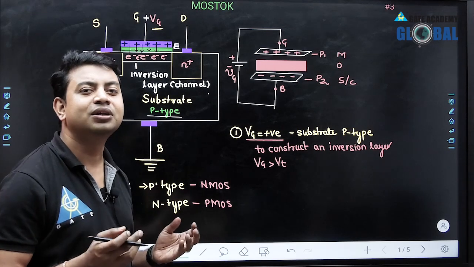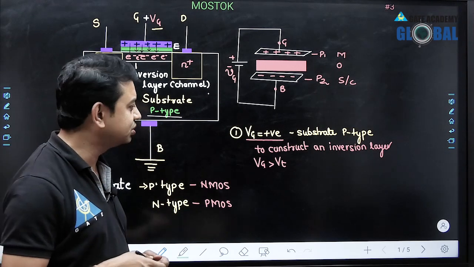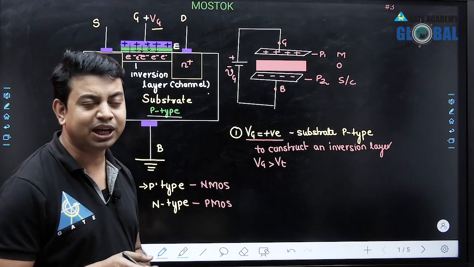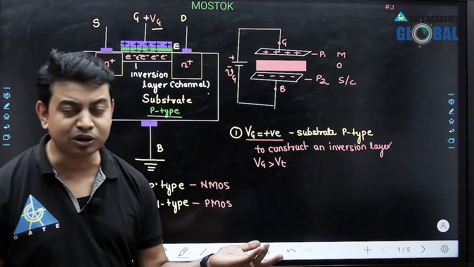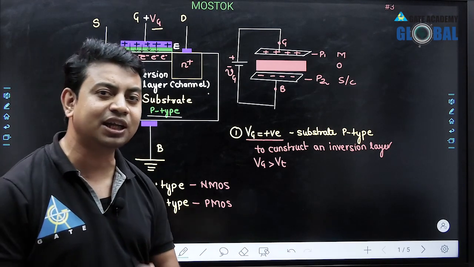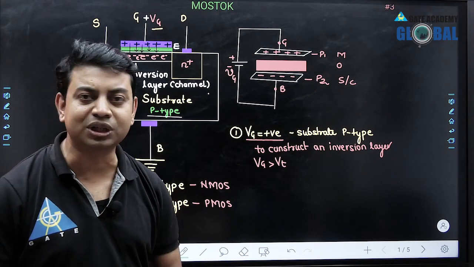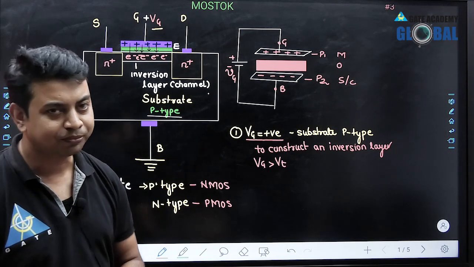That's why we are understanding the behavior of a dependent current source. So if you are increasing the conductivity by doping of this p-type semiconductor, then the current is not depending on voltage. In that case, the current is depending on doping, and we cannot construct an amplifier by using this MOSFET.